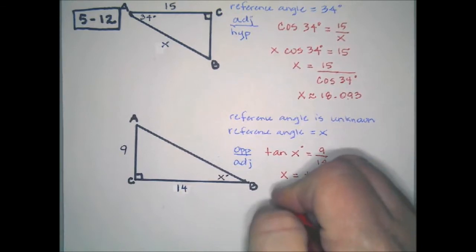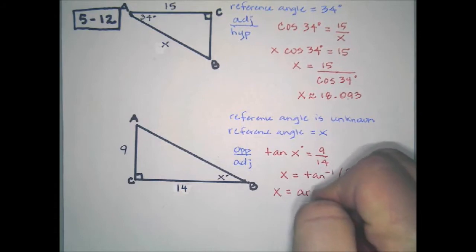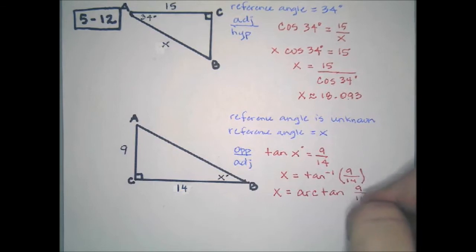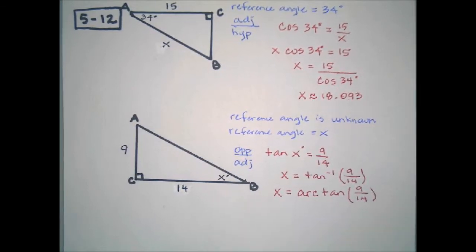Some calculators have this button. X equals arctan 9 over 14. Either one of those would be a perfectly fine answer for what is the exact value of x.